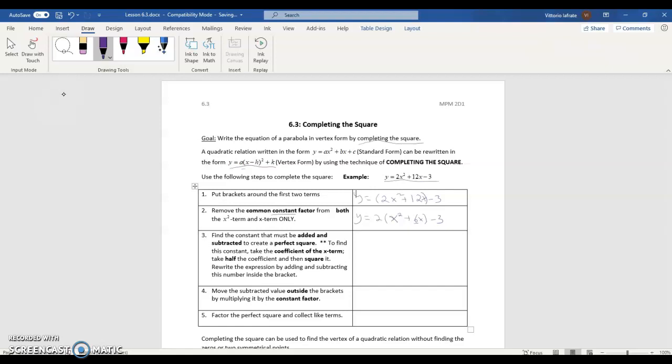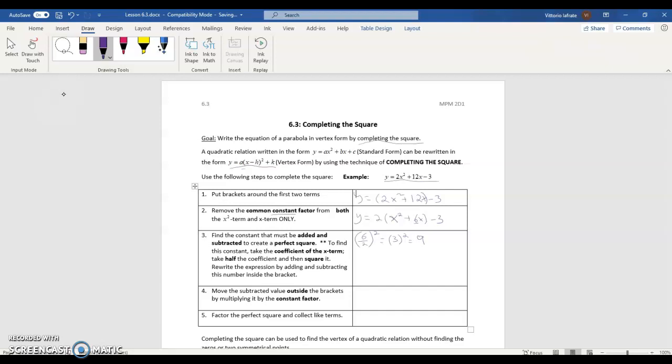First we're going to find the term that's required to create a perfect square. So we're going to take our b value, 6, divided by 2, and then square it. So 6 over 2 is 3, squared, which is 9.